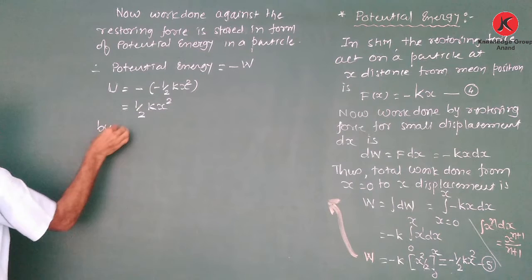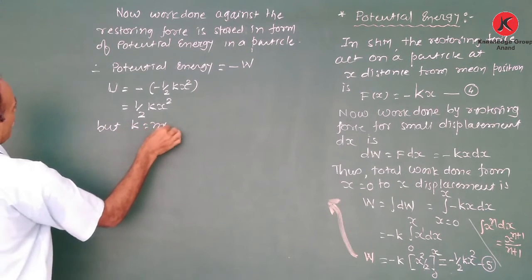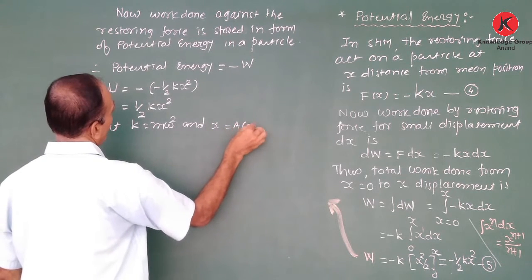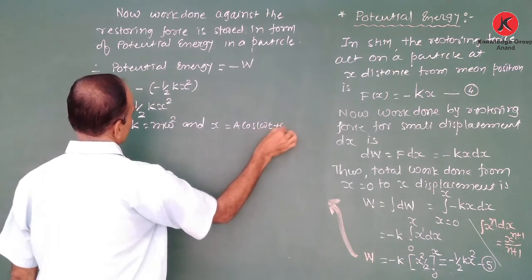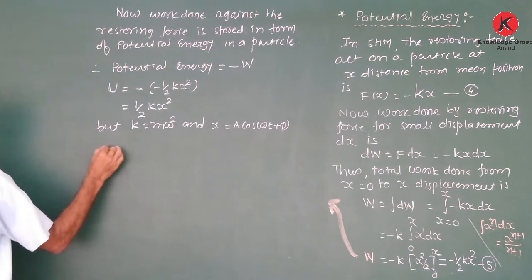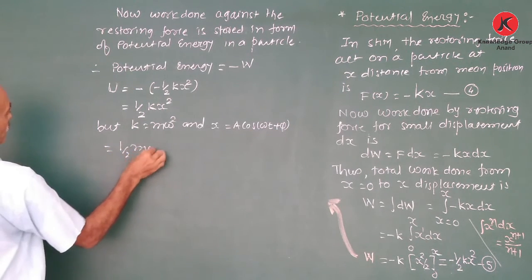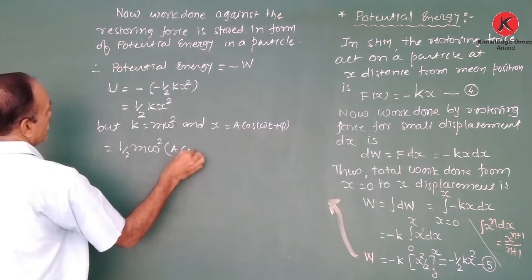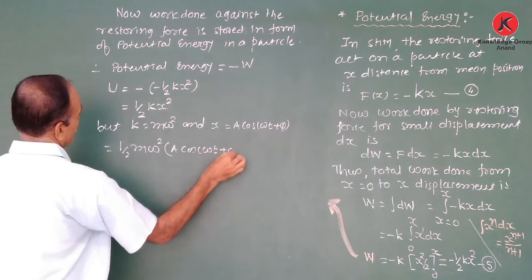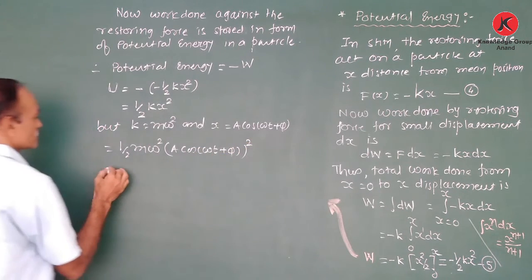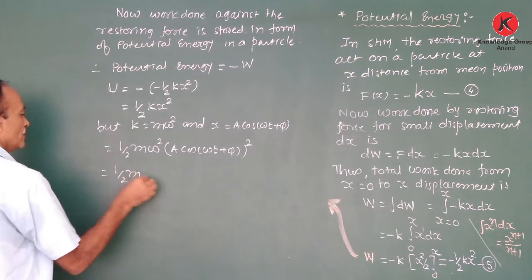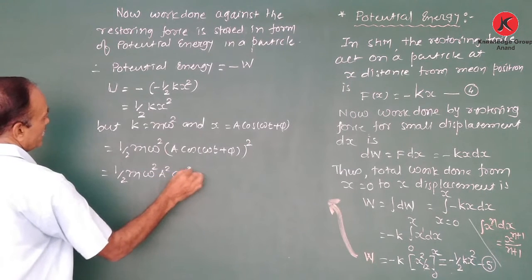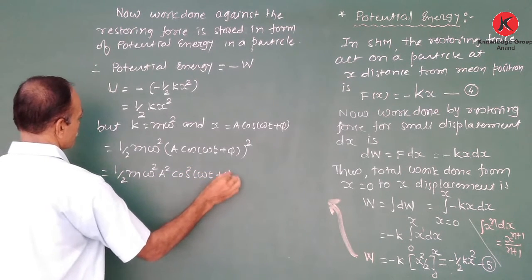But k is equal to m omega square and x is equal to a cos omega t plus phi. Therefore, half m omega square and x is equal to a cos omega t plus phi, whole square, is equal to half m omega square a square cos square omega t plus phi.